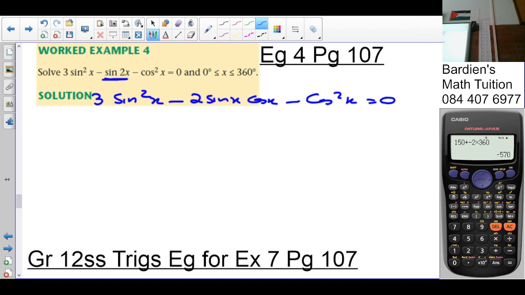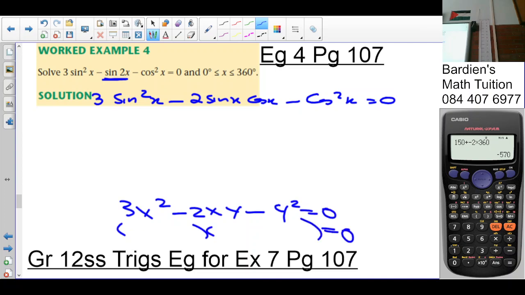So again, if you can't see a trinomial here, then you replace sine with an x and cos with a y. Then you factorize your trinomial, which is going to give me 3x, x, y, and y, and then the bigger product must be negative and positive.